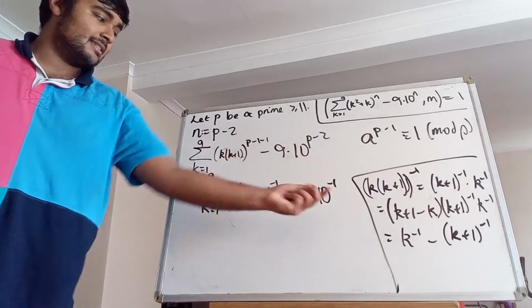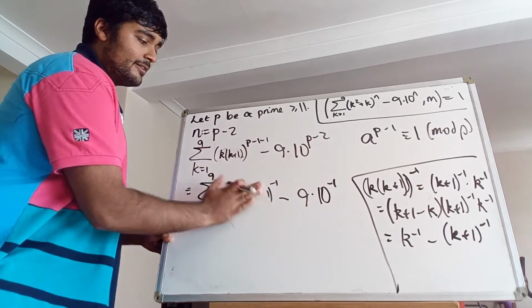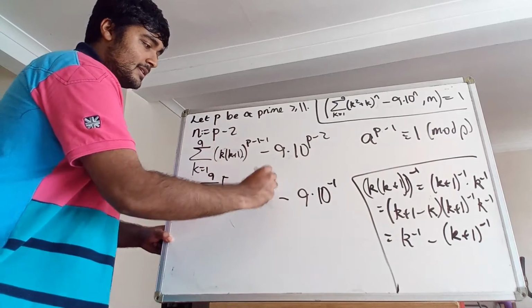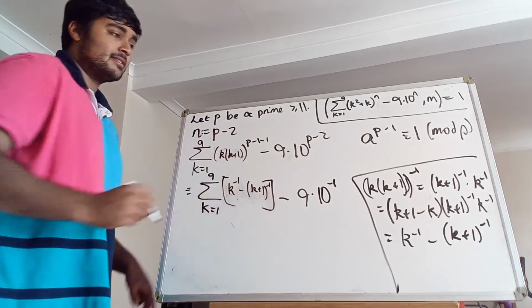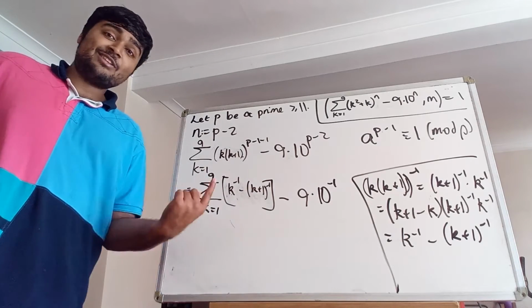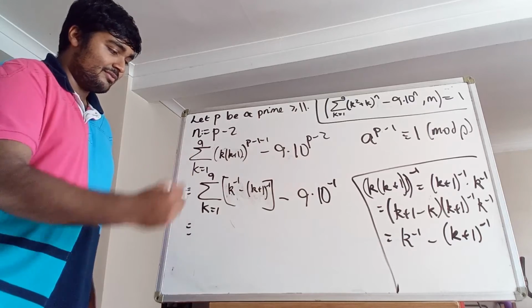So I can use this and put that in here to get that this k times k plus 1 inverse now just becomes k inverse minus k plus 1 inverse, like so. But now this is a nice telescoping series, because if you can't see it, let's just write out the first few terms.